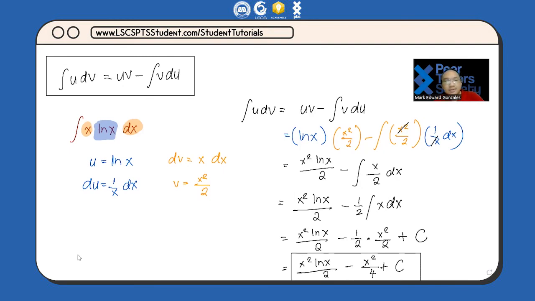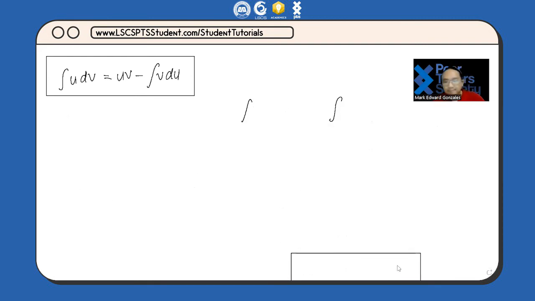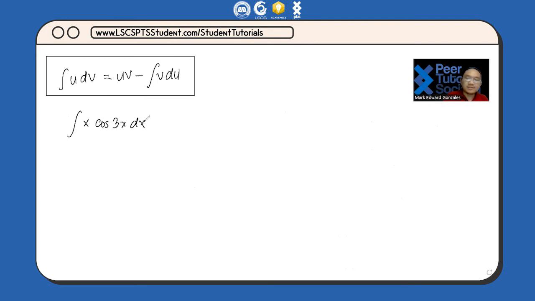For our next example, the box and the squiggly boys are left. Let's try to take the integral of this thing. Again, these examples are taken from the website of the mathematics department of UC Davis. Now for this one, which one is u, which one is v? We'll let this be equal to u.